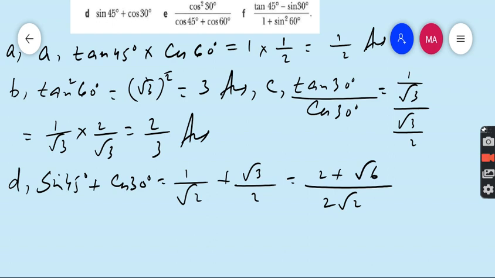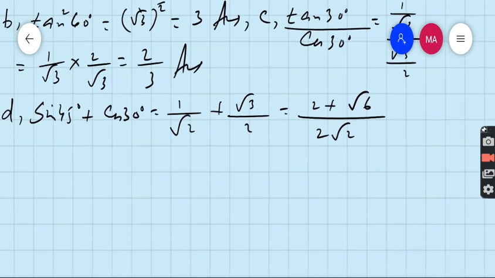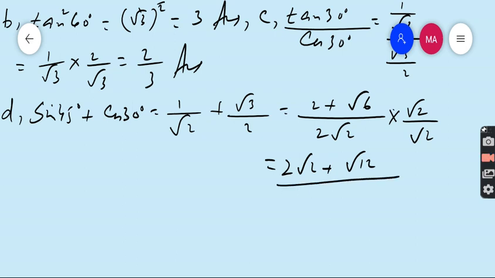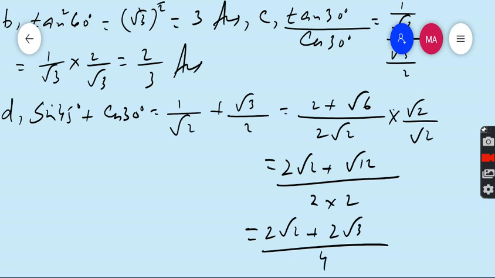Okay, but in order to make the answer as in the book, multiply this answer by root 2 by root 2. So root 2 into 2 is 2 root 2, and root 2 into root 6 is root 12 upon 2 root 2 into root 2 is just 2 root 2, and root 12 is 2 root 3 upon 2 to the 4.